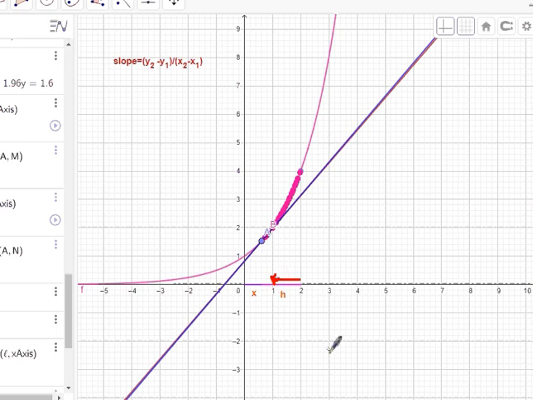So what you have to do to get an exact value of the slope of the tangent line at the point of tangency A is to take the limit as h tends to 0 of the slope that you have found.